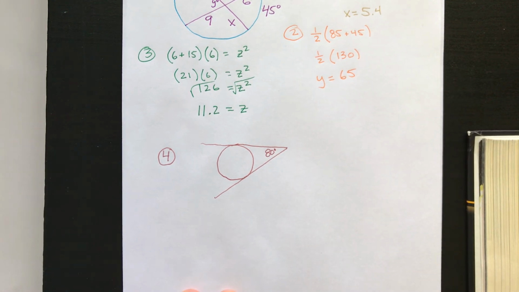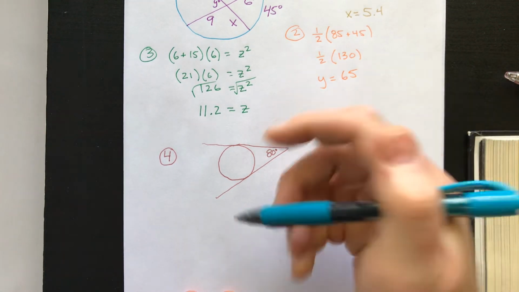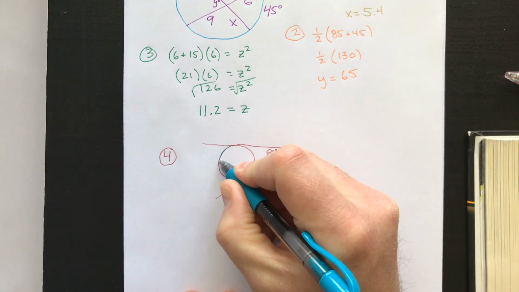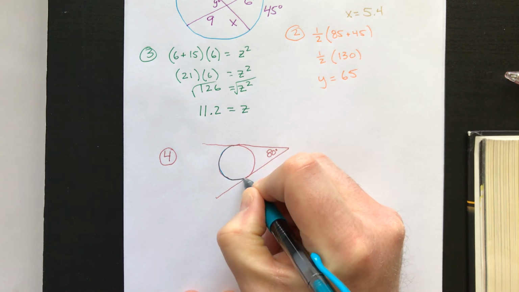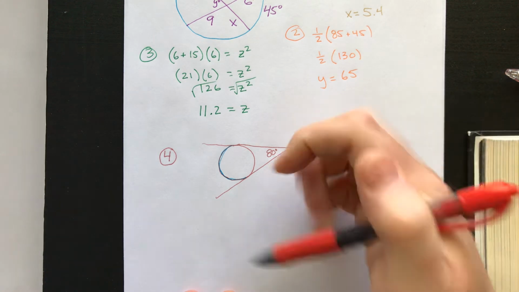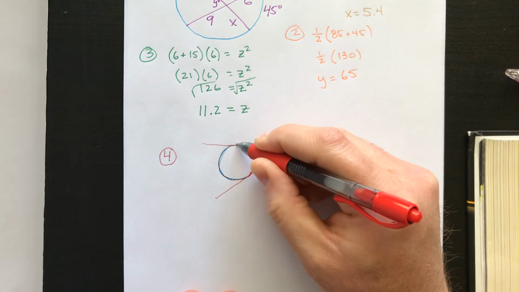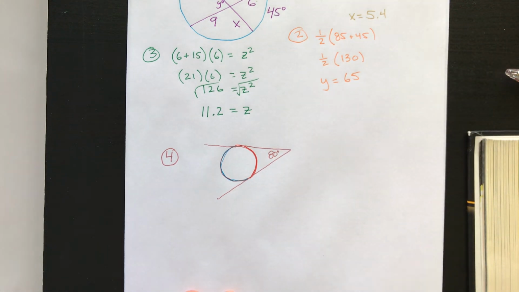What is the measure of the intercepted arcs? So they want us to say this arc and this arc.